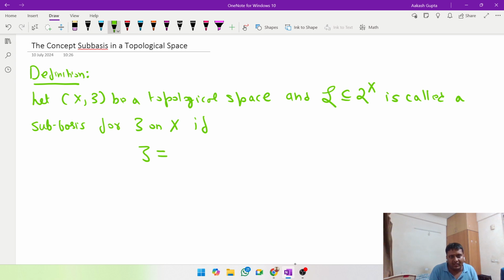tau is actually equal to tau bracket S. I hope you remember this notation. We have introduced it earlier. So what is tau bracket S? Tau bracket S is the smallest topology on X containing this sub-collection S, or stylish S, whatever you want to call the symbol. So what is a sub-basis?